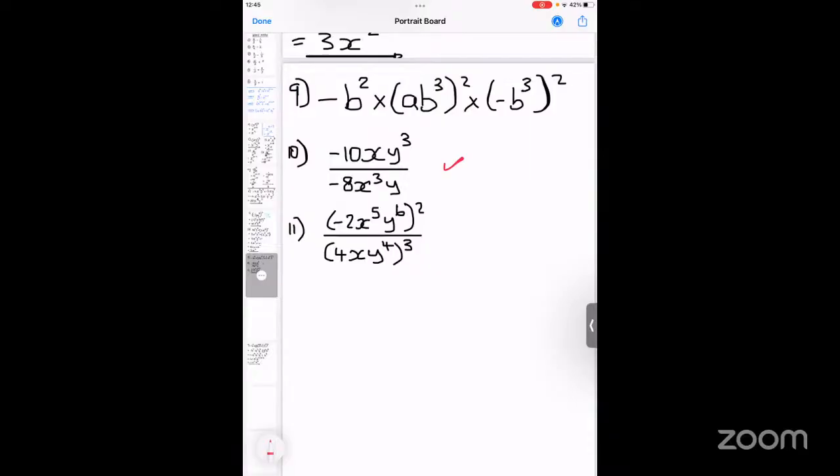Manahil, are you still working on it? Yes, sir. I'm a bit confused with this one. Okay, let's see. Which part is confusing? I don't know if my steps are correct. Okay, maybe let's see. What did you write?